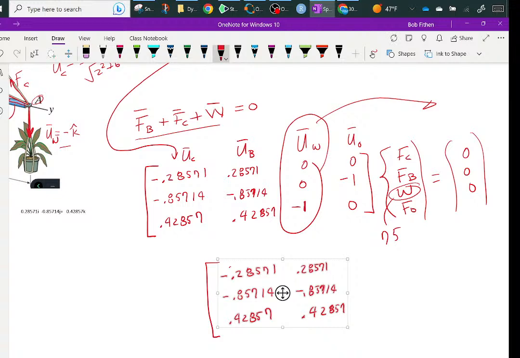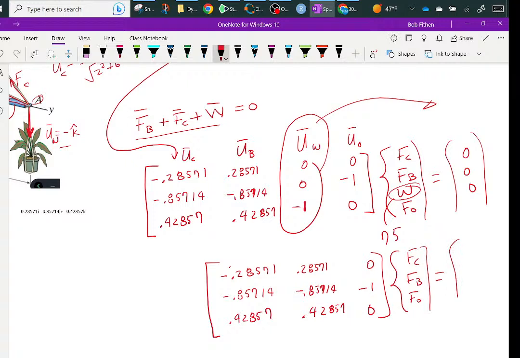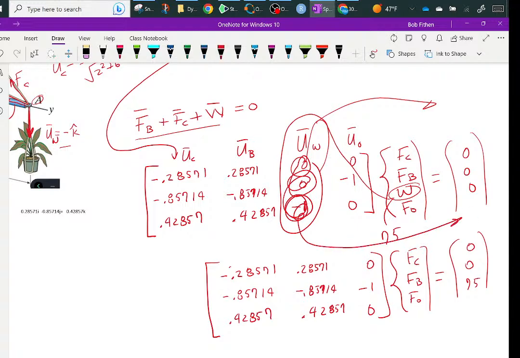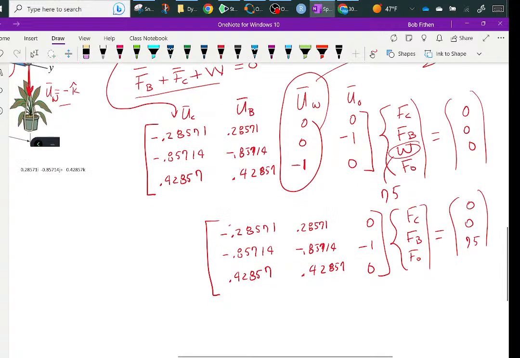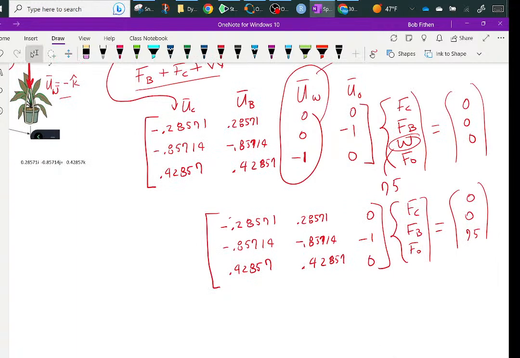And then I'm going to get the 0, minus 1, 0. And then I'm going to get FC, FB, F0 equals, take the 75 and put it over here, because 75 times this is nothing, times this is nothing, by this is minus 75. It gets moved to the other side. And that's going to be the equation.